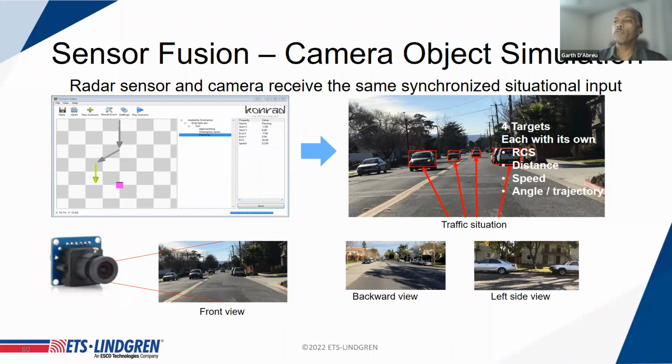So in terms of providing this sort of fused sensor system, this is something that a lot of companies have already started doing. A lot of the OEMs have started coming up with techniques based on simulated scenarios where you can create a video stream, either based on real video data or a simulated video image.